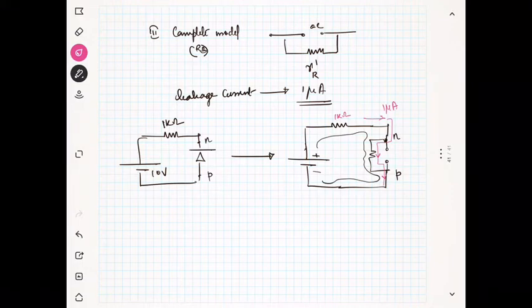Now you see here this is 10 volt and 1 kilo ohm is there for the resistance. You can write the Kirchhoff law, that is minus 10.